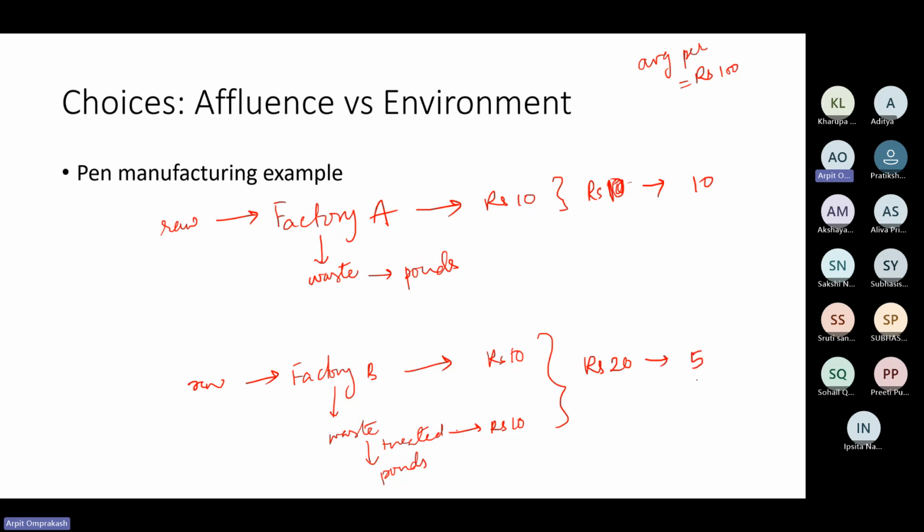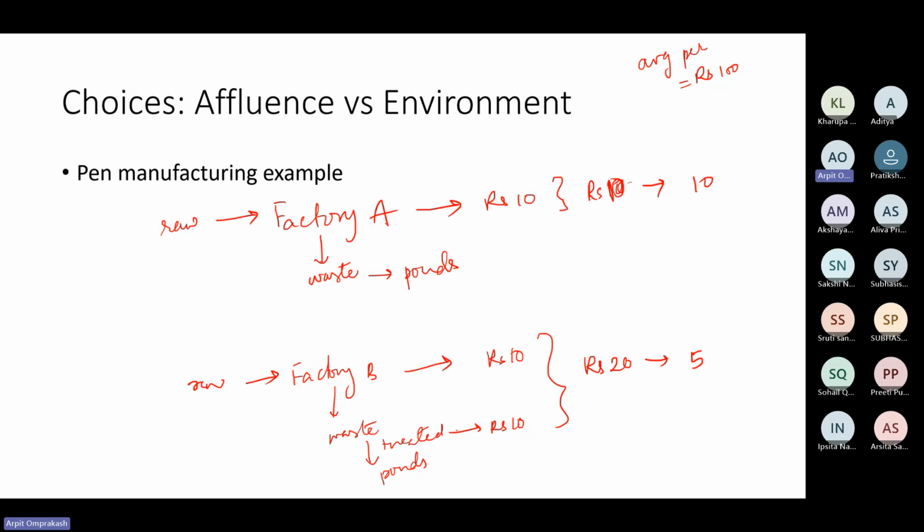So the affluence in the second case is decreased because there are fewer resources that the average person can afford. Right. But in the second case, since we are treating the waste before putting it out into ponds and lakes and other places, the environmental value is increasing.